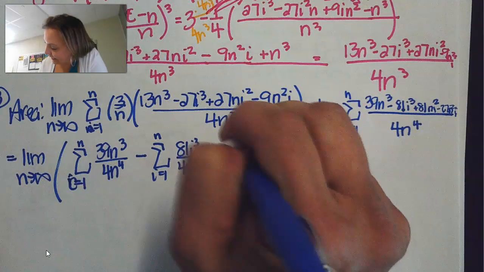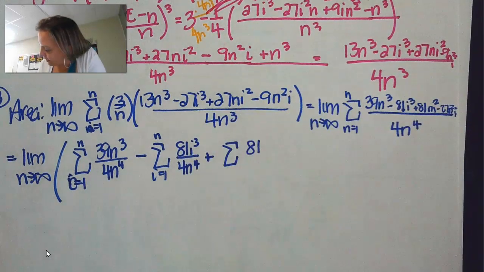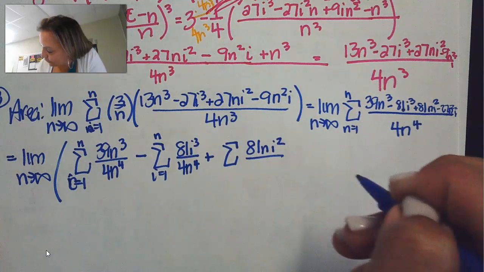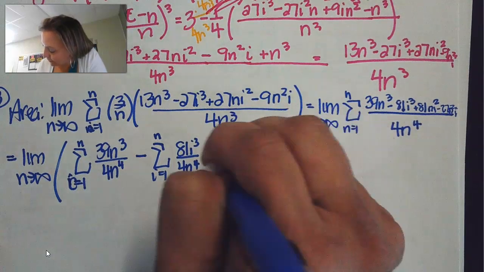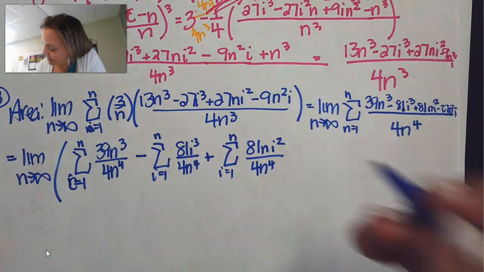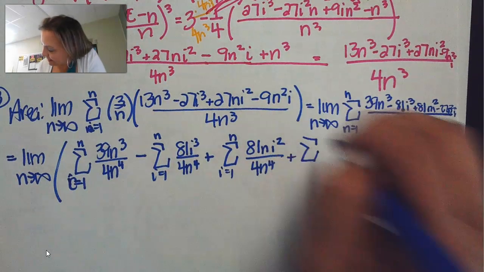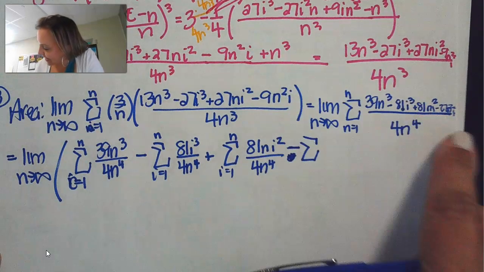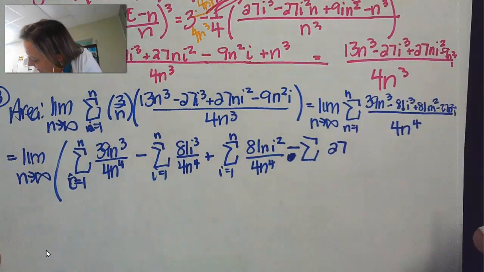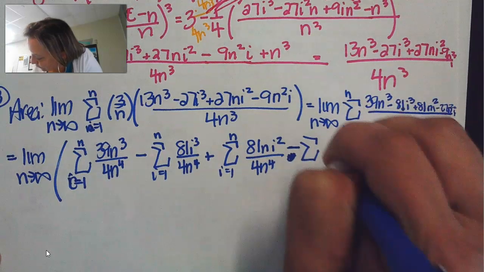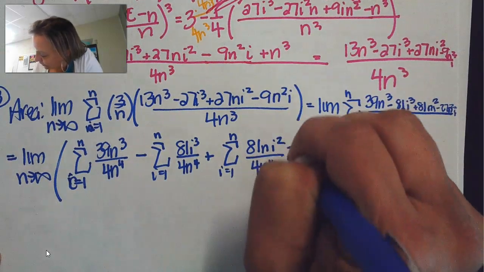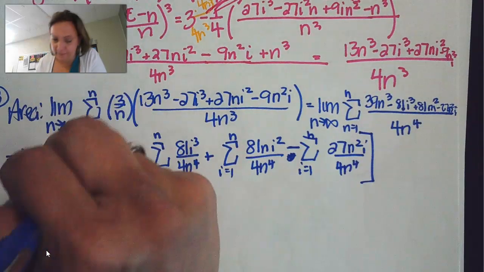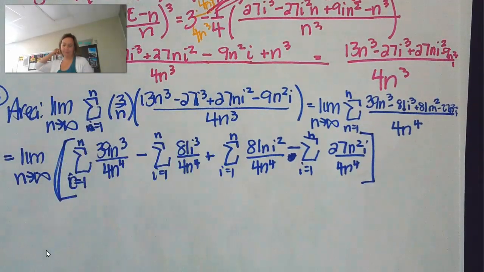And then take 81n i squared over 4n to the 4th as i goes from 1 to n. And then subtract 27n squared i over 4n to the 4th as we go from 1 to n.